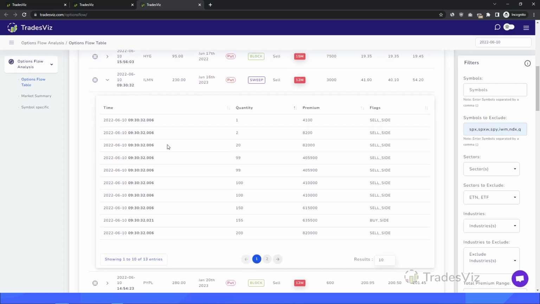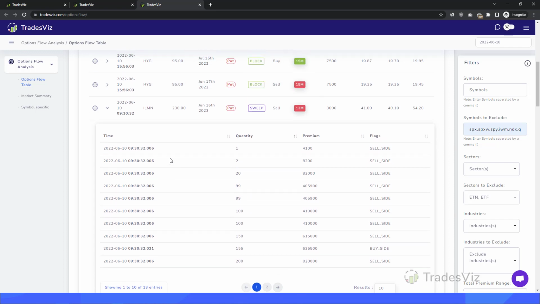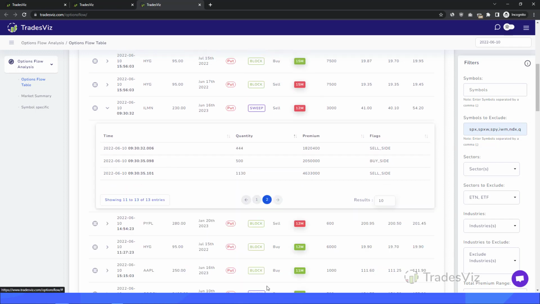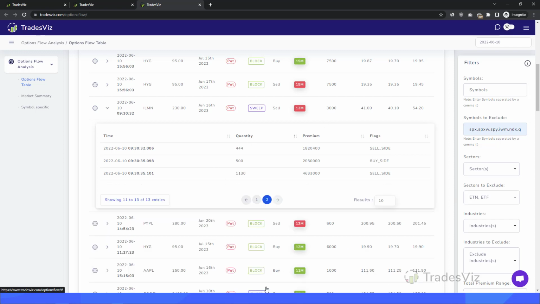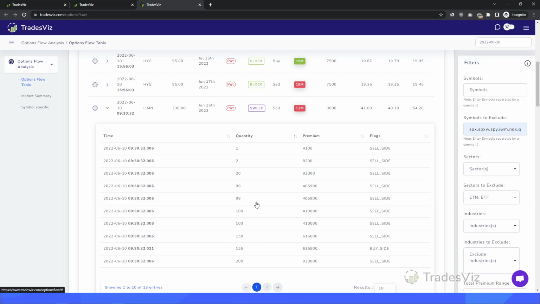And then you have a sweep trade. Tradesviz, by the way, is the only platform that shows you exactly what trades are within a sweep trade. It will tell you exactly what side each transaction is, what premium was paid, what quantity was paid. A sweep trade basically translates to: get me as many contracts as possible as soon as possible.